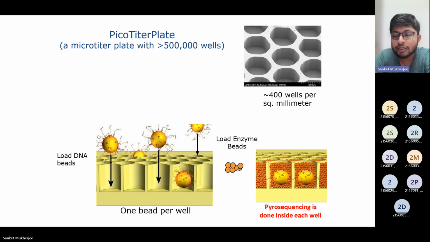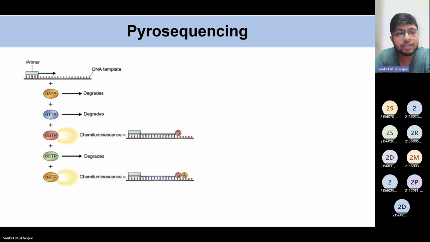So you know what is pyrosequencing? No, sir. I think not. So this is how pyrosequencing works. There is a primer and there is a polymerase which will keep on adding dNTPs, right? Clear? So let's say A is added.